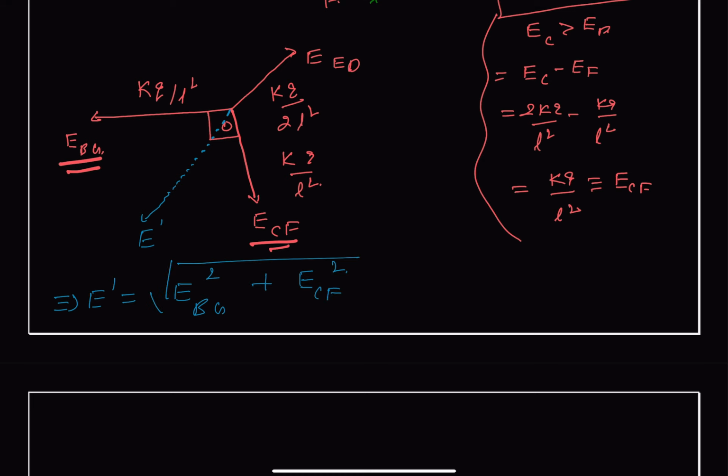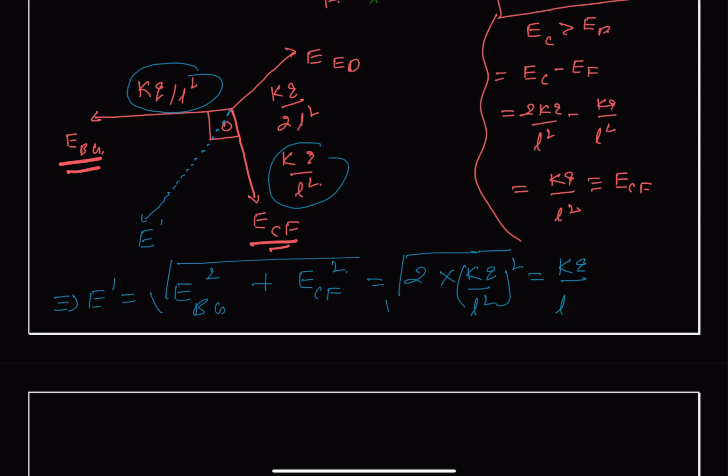Both are equal. This is kq upon L square and this is also kq upon L square, so we can write this as the square root of twice kq upon L square whole square. So this gives us kq upon L square multiplied by square root of 2.